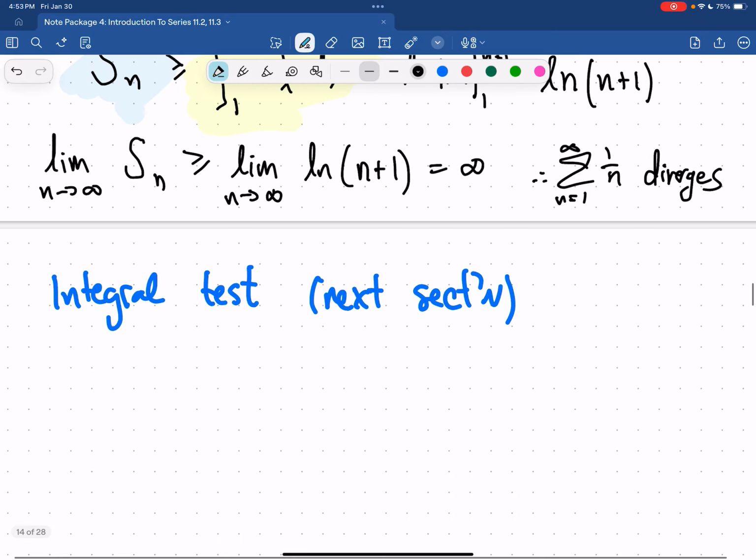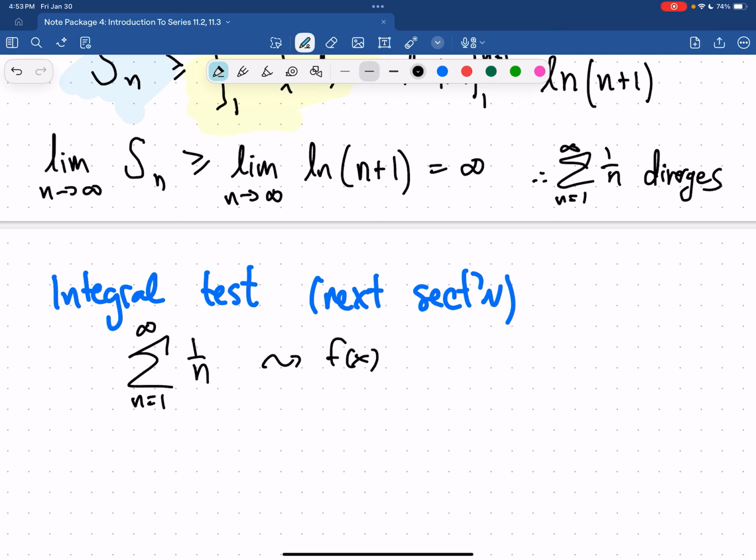So for the integral test, we're looking at the sum of n from 1 to infinity of 1 over n. And so if we consider a function for this, we're looking at f of x on the interval from 1 to infinity, where f of x is 1 over x.